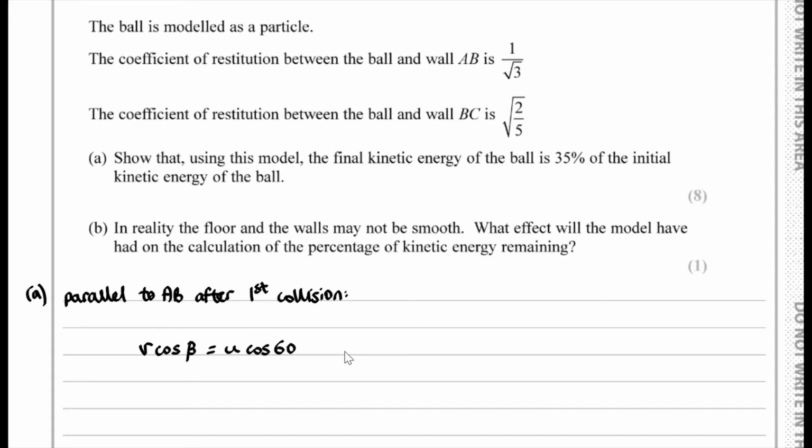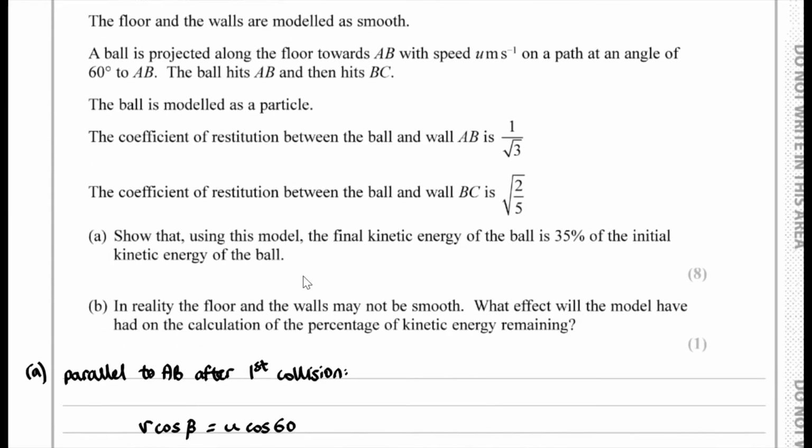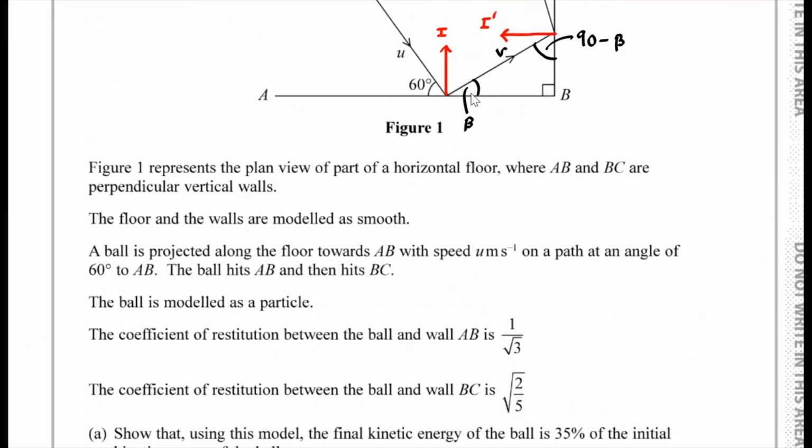Hopefully that makes sense. This remains unchanged, and therefore you'd find V cos beta equaling U over 2. Okay, hopefully that makes sense. So that's this component over here. Perhaps if we add this in a different colour, this component over here is equal to V cos beta, which is equal to U over 2.